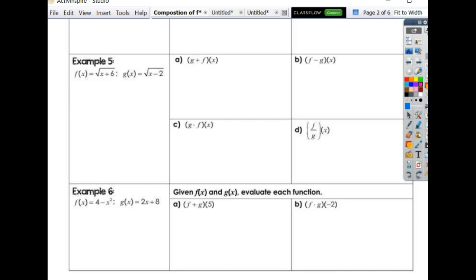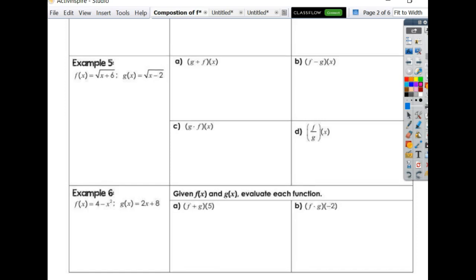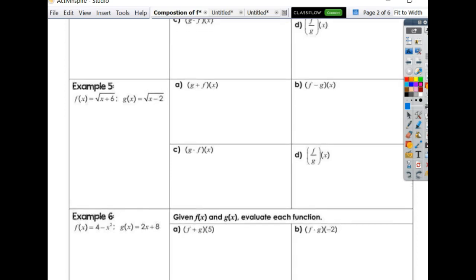And what's the g? Square root. Is the domain all real numbers? If I was going to graph this, where would I start? Where do I start? Negative what? For the square root function, what's the shift? Plus 6. So I'm going 6 left. So this goes here.